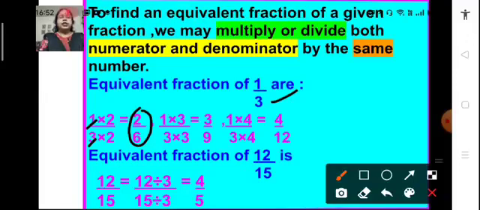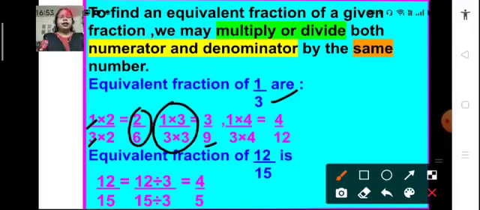Similarly, we can get more equivalent fractions of 1 upon 3 by multiplying both the numerator and the denominator by the same number. Like we have shown here, we have multiplied both the numerator and denominator by 3, and what do we get? We get 3 upon 9.